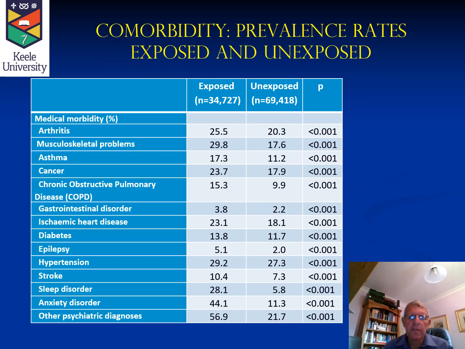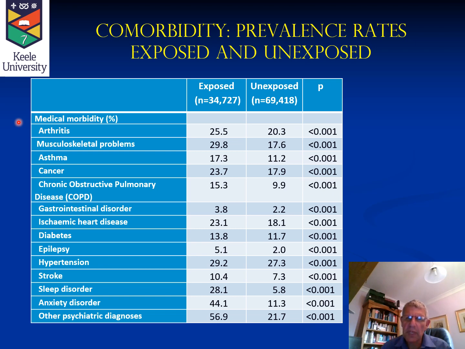The other important facet of this study was the control for comorbidity. As we've seen, this is a big issue in observational studies, and if, for example, one group has much more illness than the other, then this could be the effect of increased mortality and not the drug.